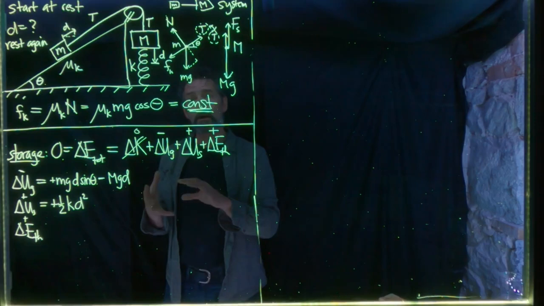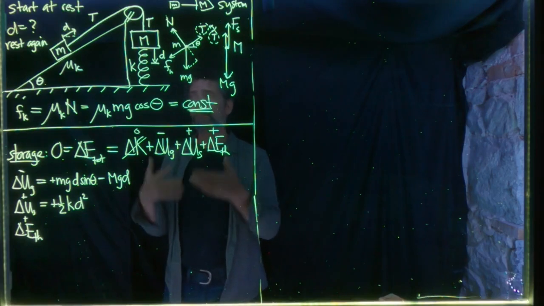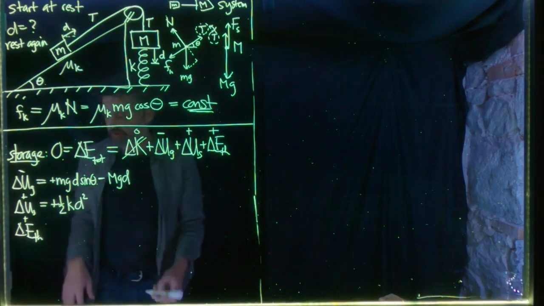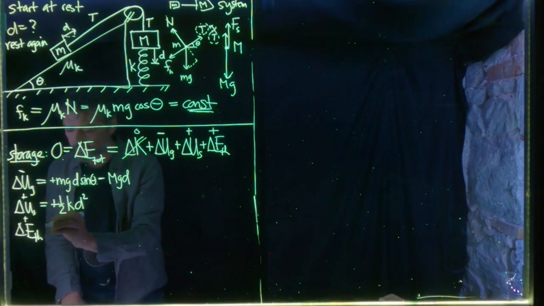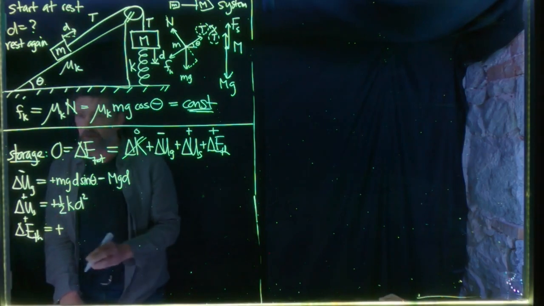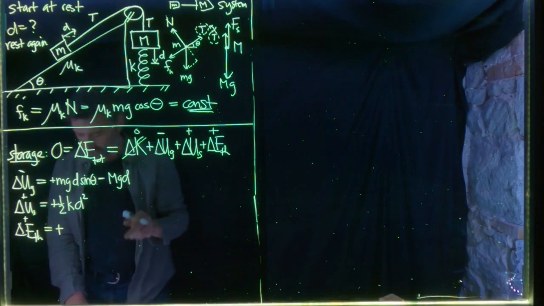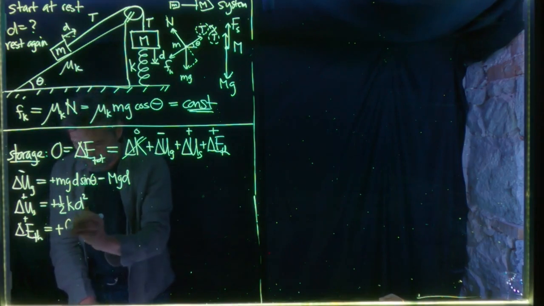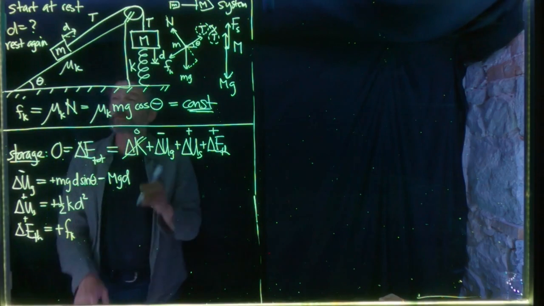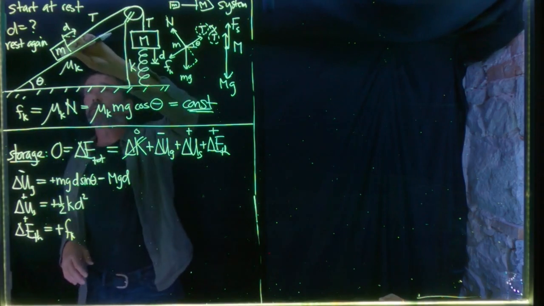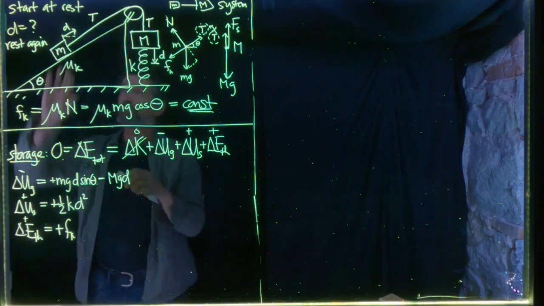That's negative. And so the change in the thermal energy is the negative of that, so that's positive. So the increase in thermal energy generated by friction is always positive, and it's the magnitude of the constant friction force, Fk, times the distance that the mass moves through, its actual path length.